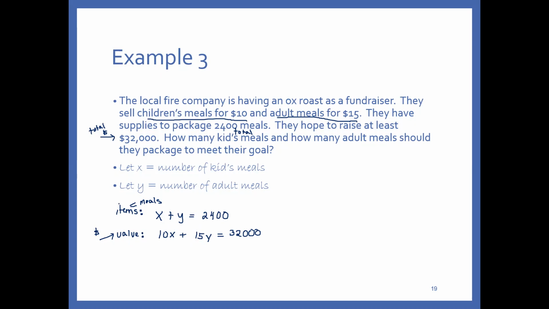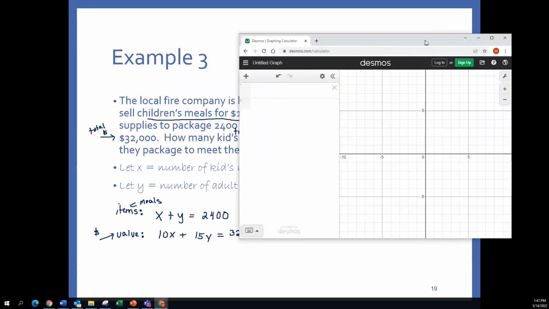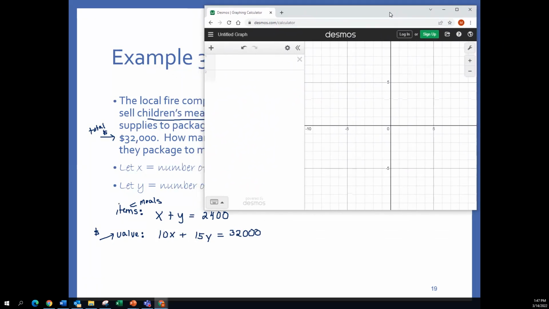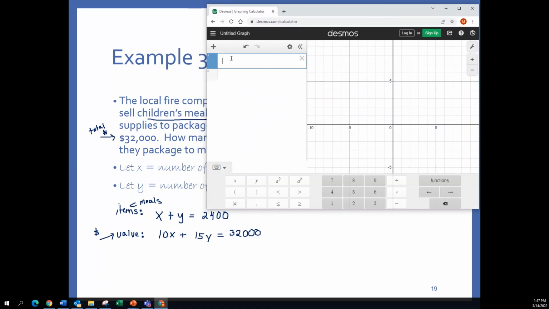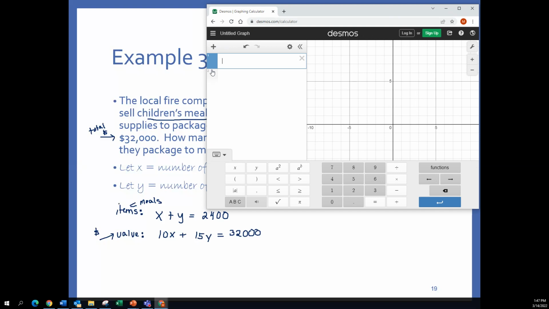So I'm going to take my equations to the Desmos graphing calculator in order to solve them. So pull my calculator into my view here, click on the space for the 1, and type my first equation. Click next to the 2, type my second equation.